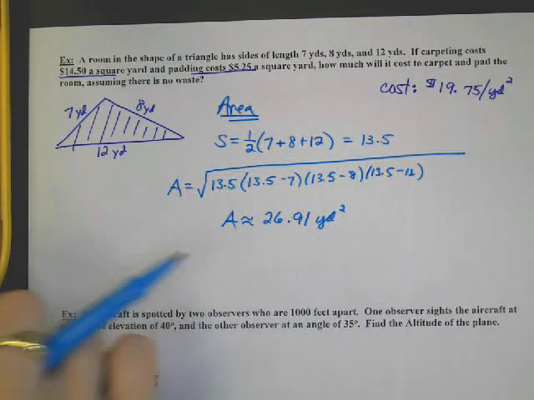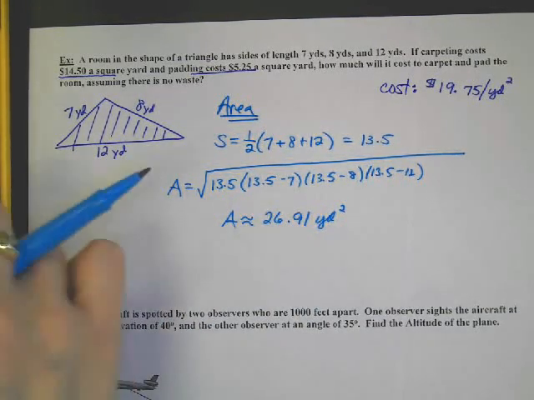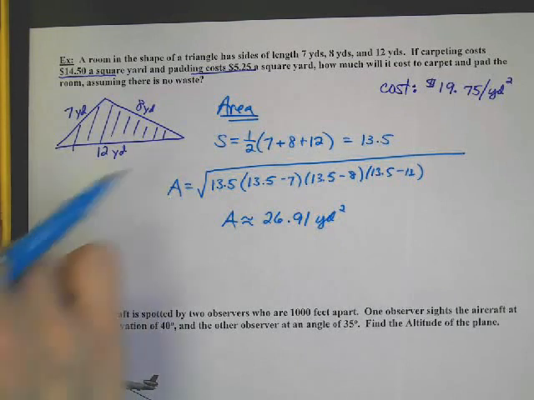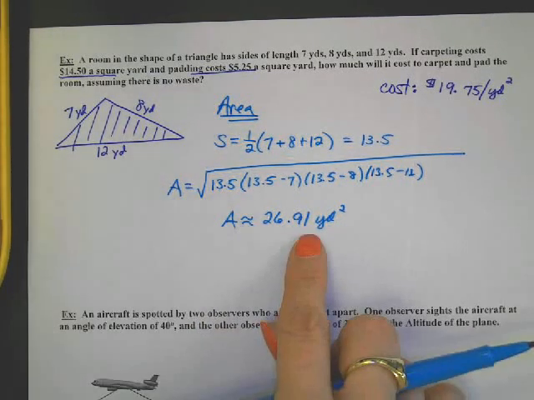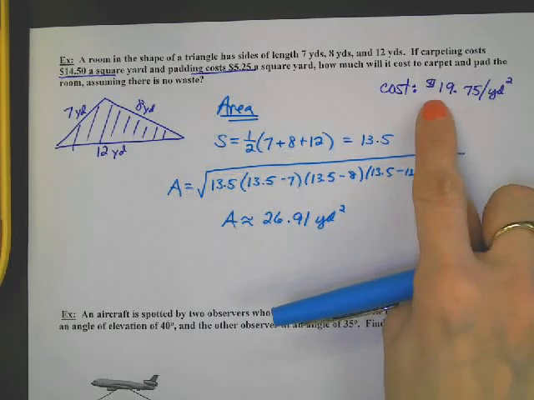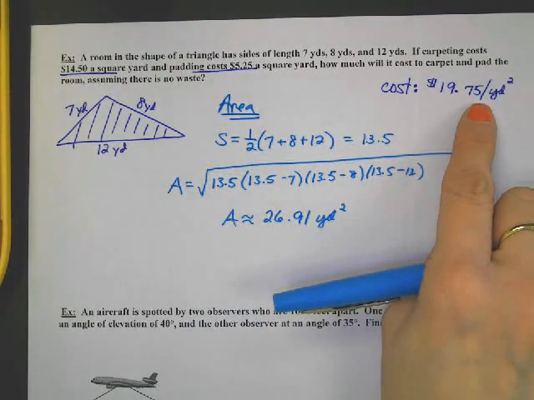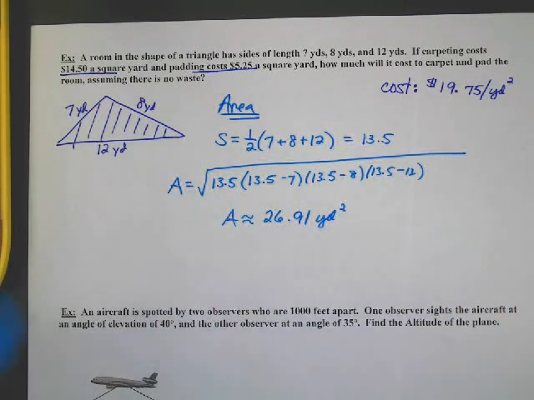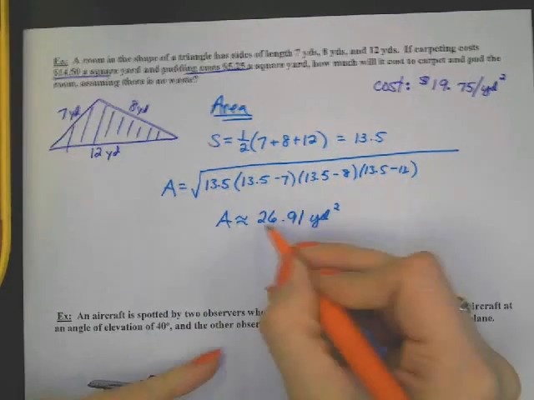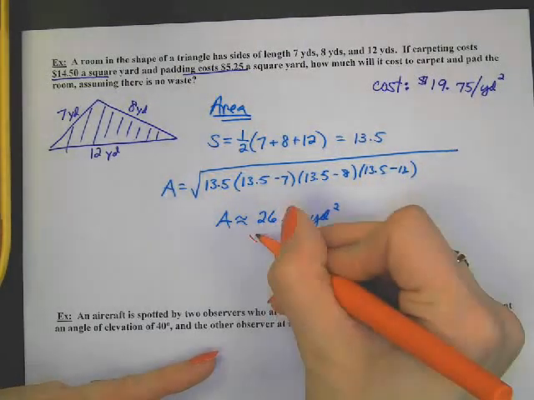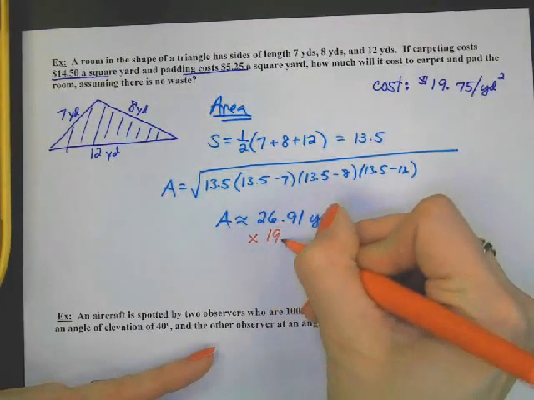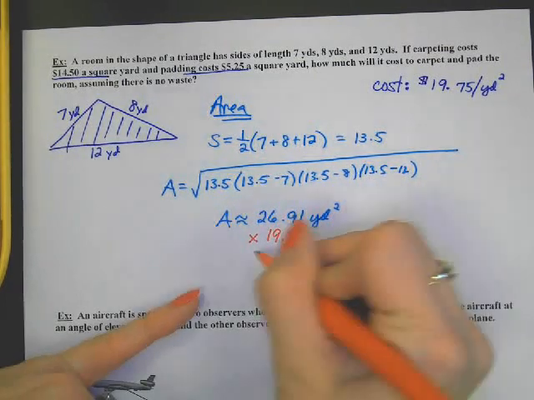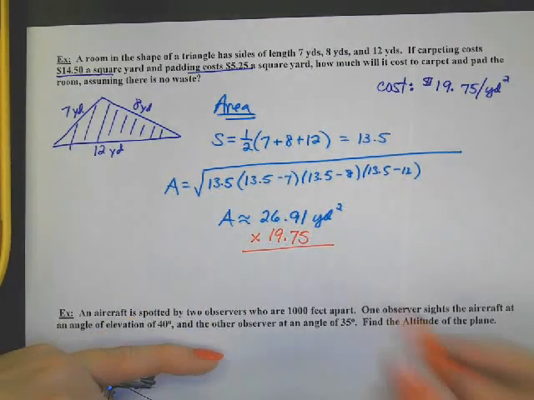Now we're going to go ahead and figure out the cost. So what we need to do is take that area and multiply it by that number right there. If you have this number in your calculator from before, you can use that. That's how big the room is, but it's going to cost us $19.75 times that.